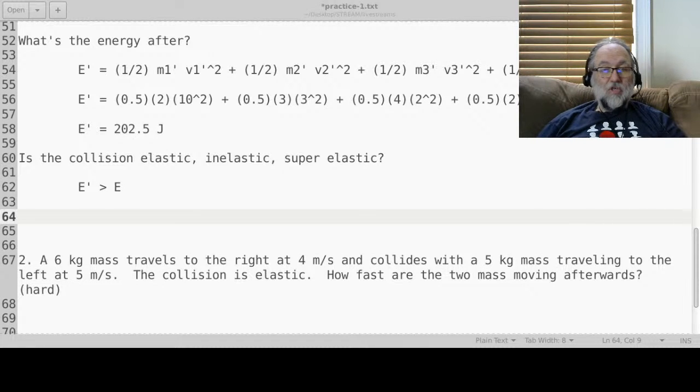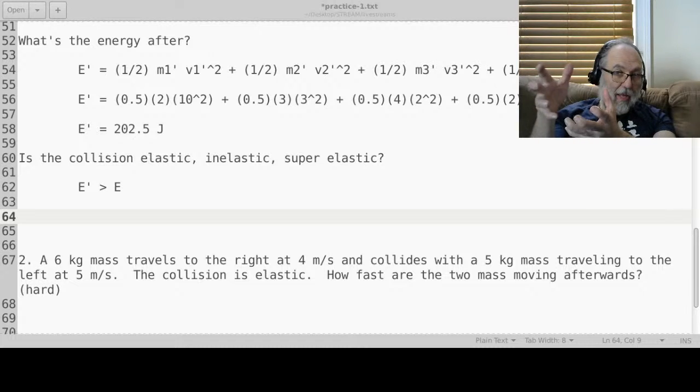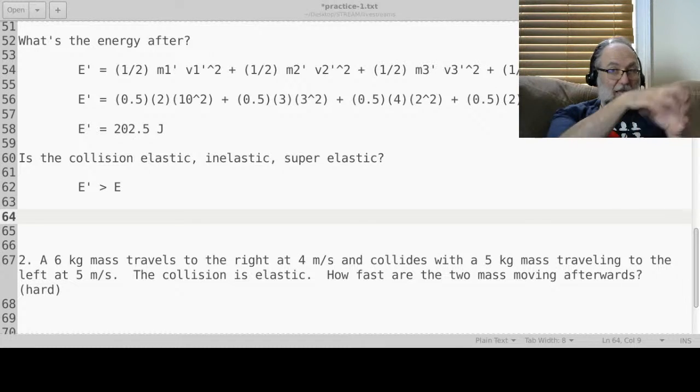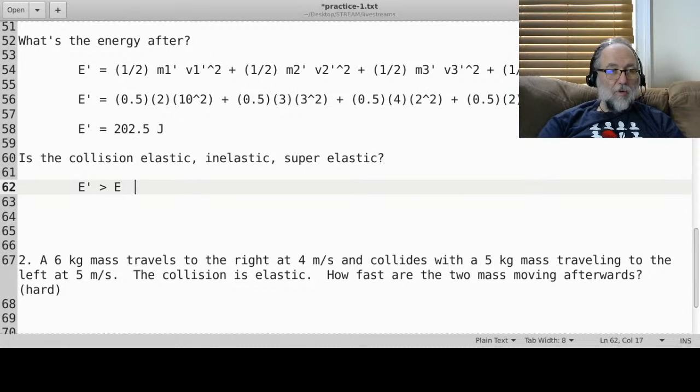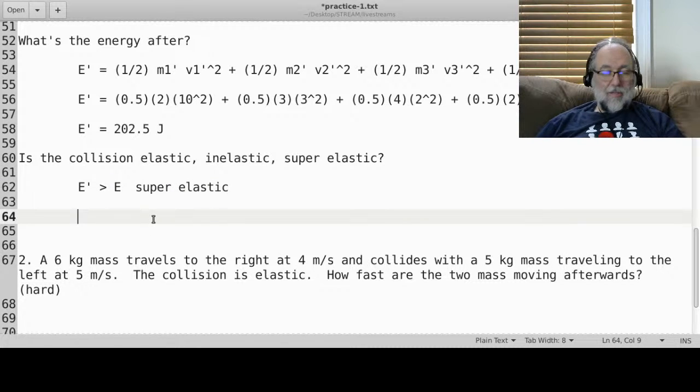You could actually have a combination: energy being released in one place and being turned into heat in another place, but the energy released from the explosion is more than the energy dissipated as heat. So you simply have more energy after than before. Whenever the energy is greater after, that is called superelastic. And there it is.